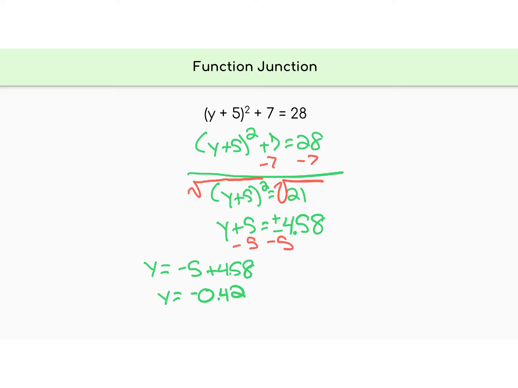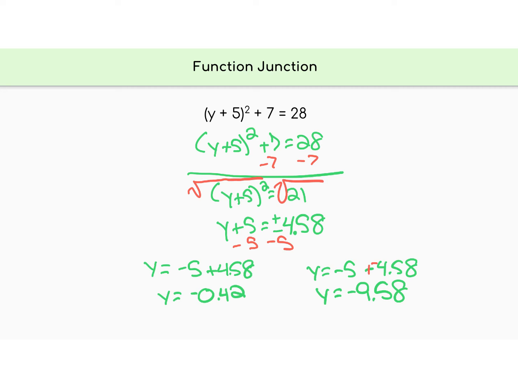Now we're going to do the negative, so we have y equals negative 5 minus 4.58. Okay, you can always change this to addition. And y is equal to negative 9.58.